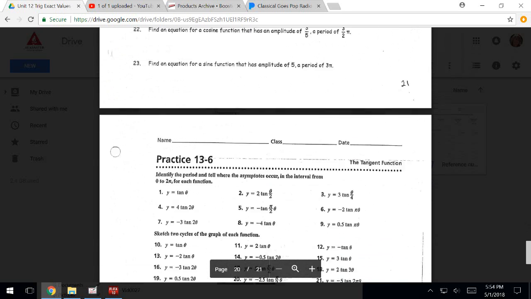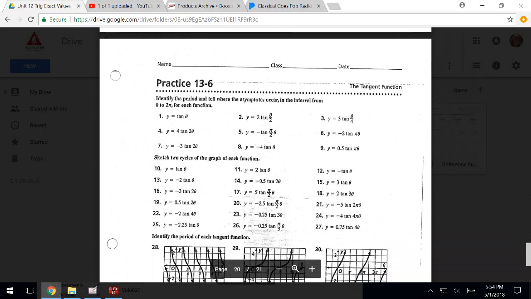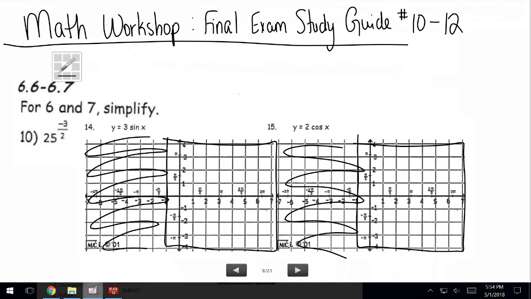And then finally, after all of that, let's see, where's that? Right here. On this last page, the only ones that I want you to do are 1, 2, 3, and 4. That's it, okay? Just 1, 2, 3, and 4. Now notice that 2 and 3 have theta over 2 and theta over 4. So let's talk about that real quick, okay?